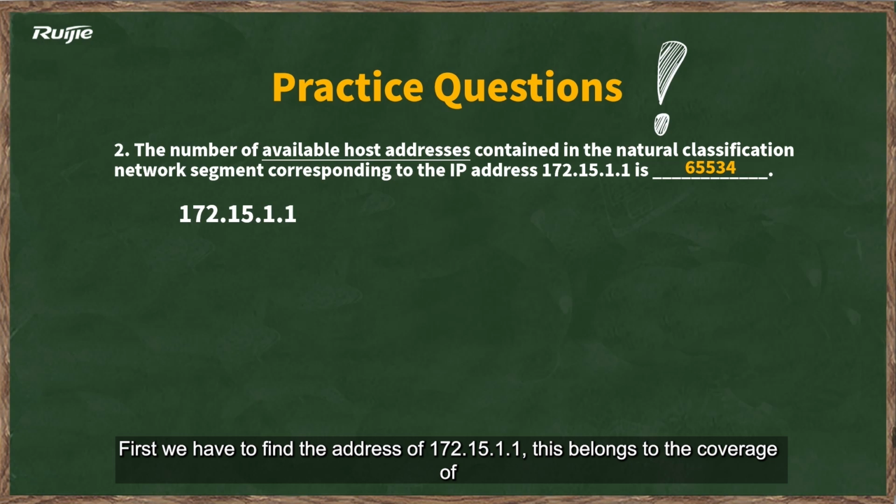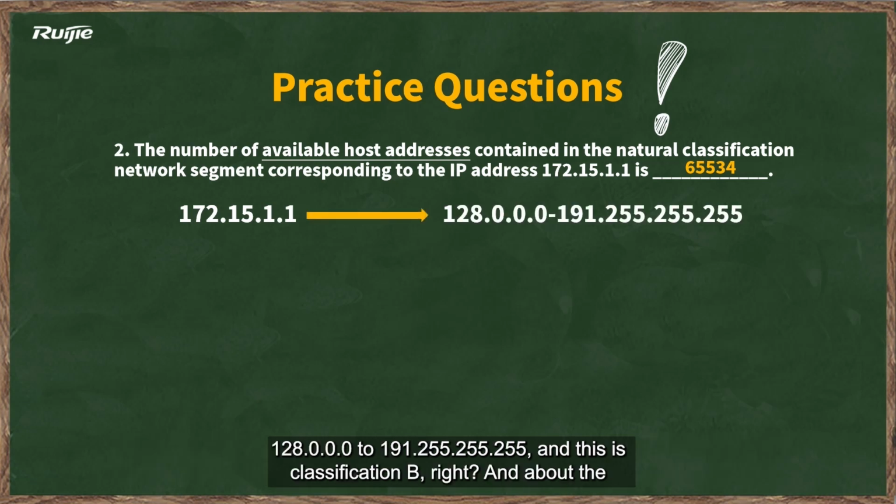First, we have to find the address 172.15.1.1. This belongs to the range of 128.0.0.0 to 191.255.255.255. And this is classification B, right?